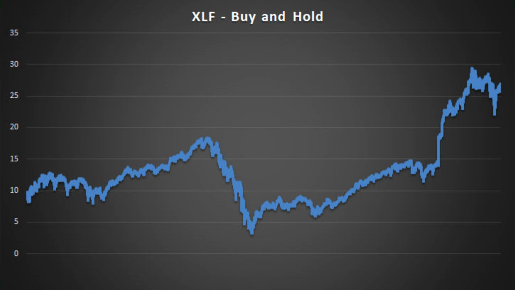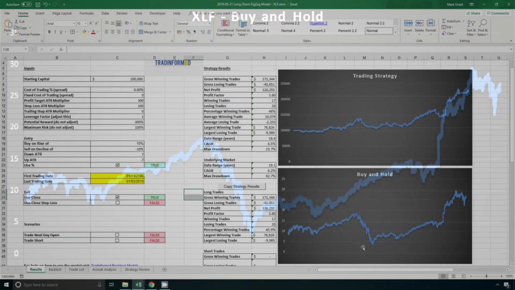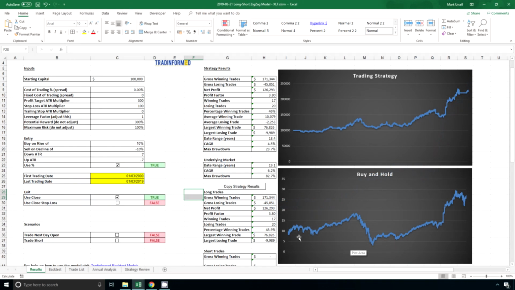XLF. Now this is the XLF ETF, which tracks the performance of US financial stocks. We can see we've got quite a different pattern to what we had before in either the Qs or the SPY.